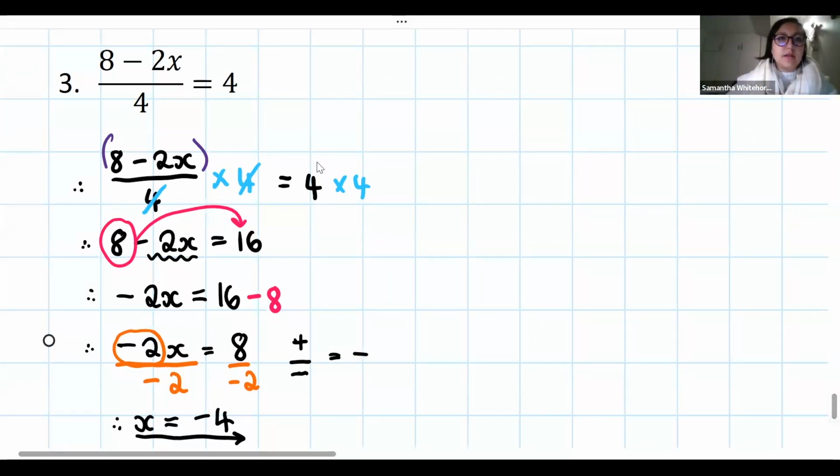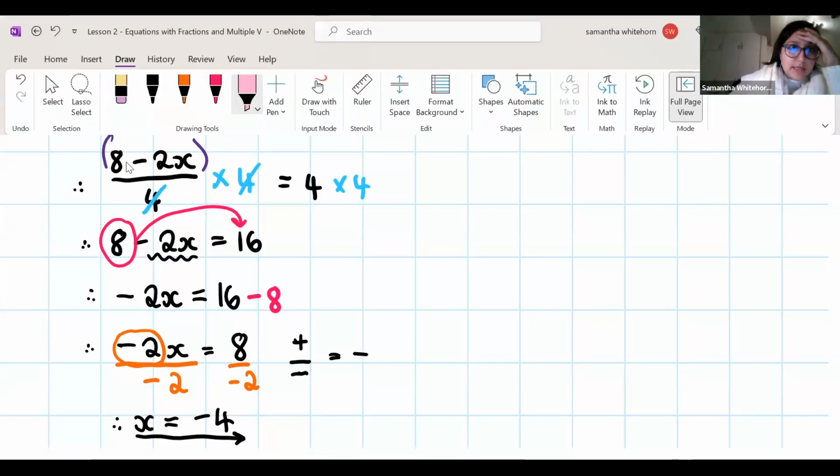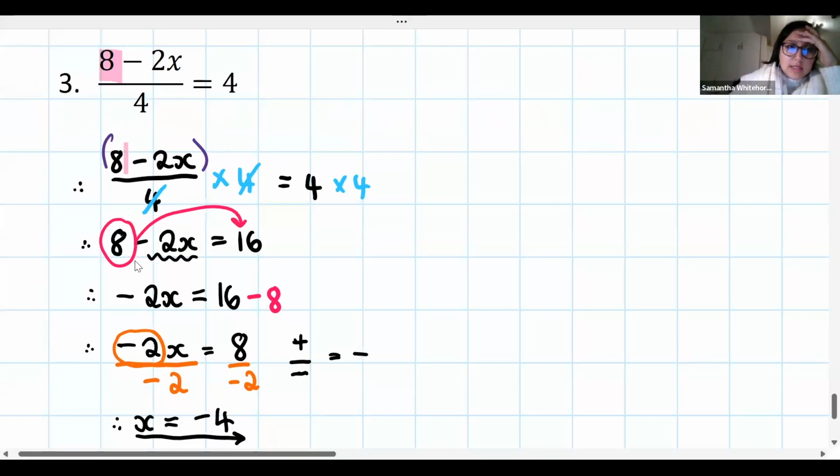Okay, there's 8 in my numerator. Once I've times both sides by 4, I was left with 8 minus 2x. That 8 needs to come over the equal sign, which is why it became negative 8, because I wanted to bring it over to the right-hand side. And so then I was able to simplify. So the 8 comes from the original numerator of my question.